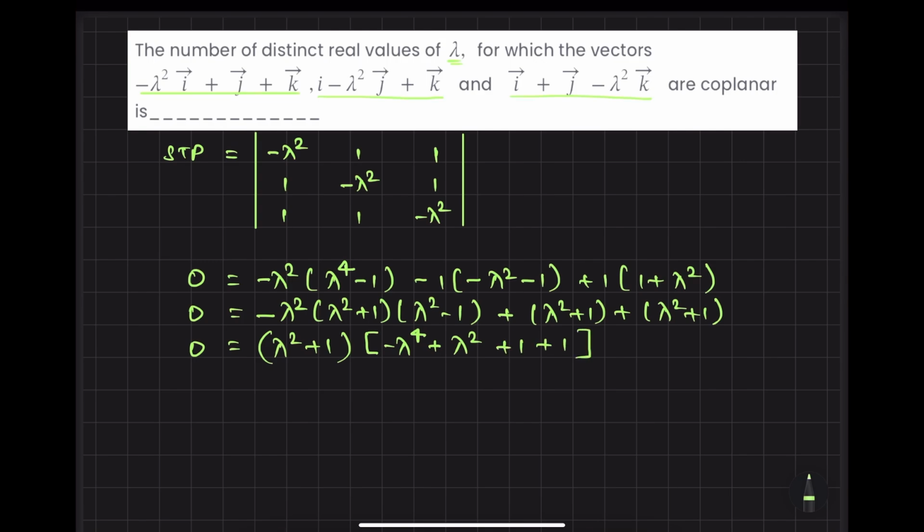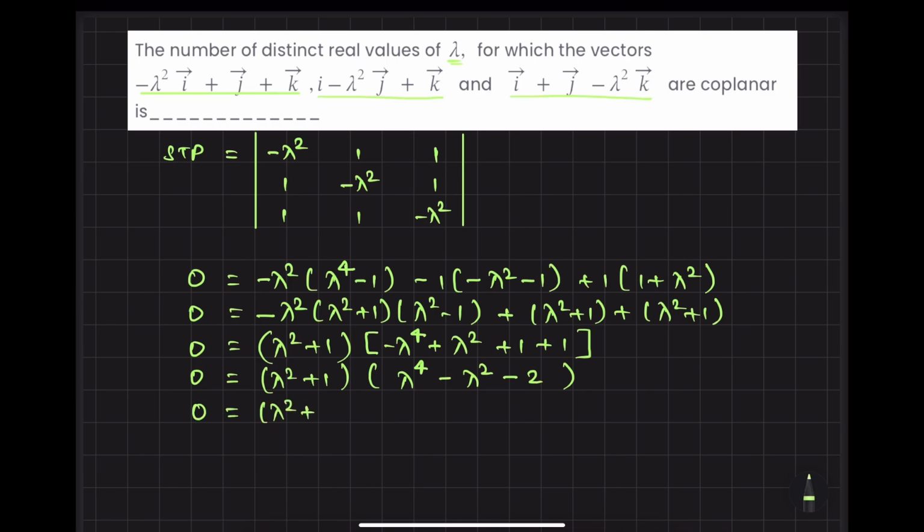Okay, now, lambda square plus 1 we have. Can I write down this thing as, I'll take minus common from here, so we will be left with lambda power 4 minus lambda square minus 2, and now we have to break down this function. You know that lambda square you will consider as y, and then simplify things.